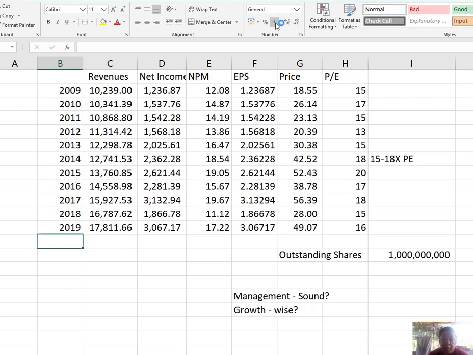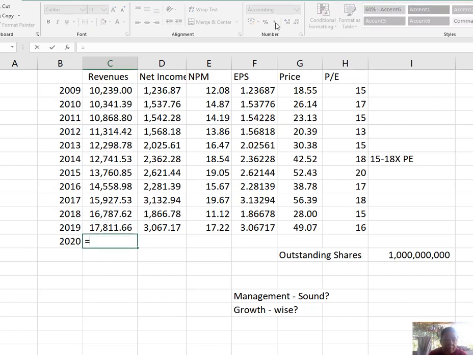Now, if this company is a sound company, merong siyang sound management, maaring there will come a point in time that kung talagang worst scenario, let's project worst scenario, it goes down to half lang ng revenues. So this will be naging 8905 na lang.